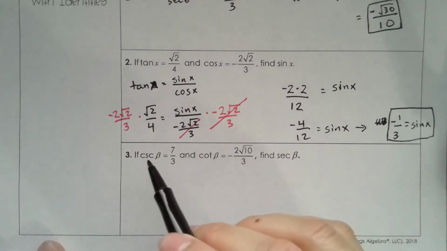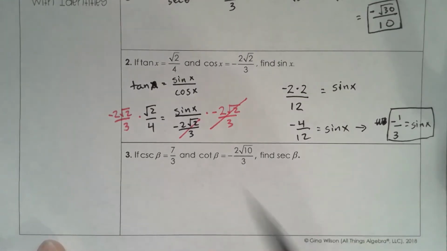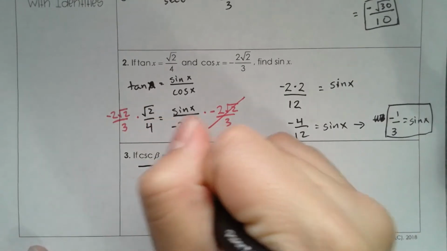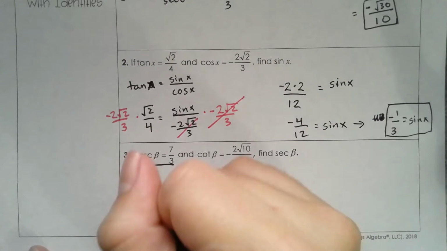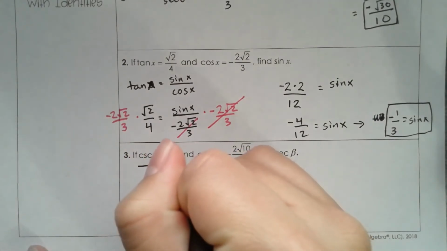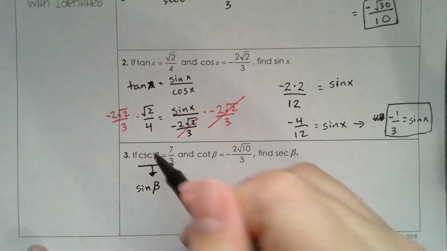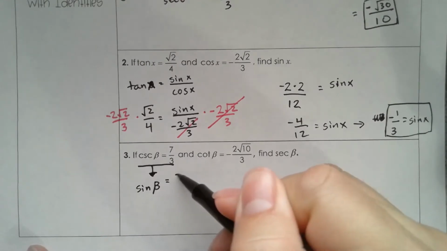Cosecant is the reciprocal of sine, so if cosecant beta is 7 over 3, then sine beta would be 3 over 7.